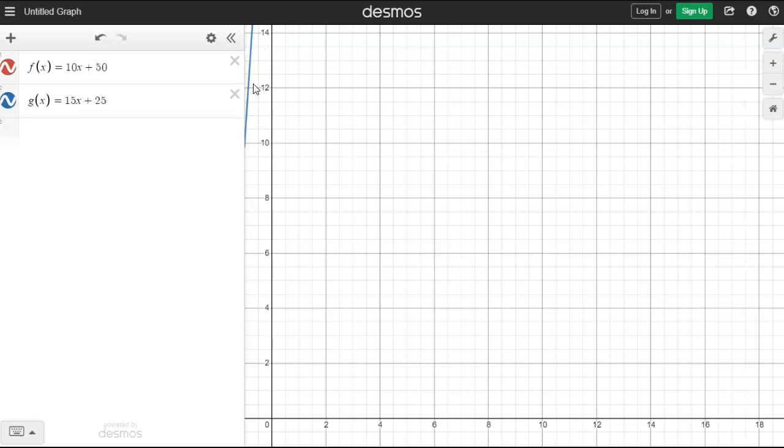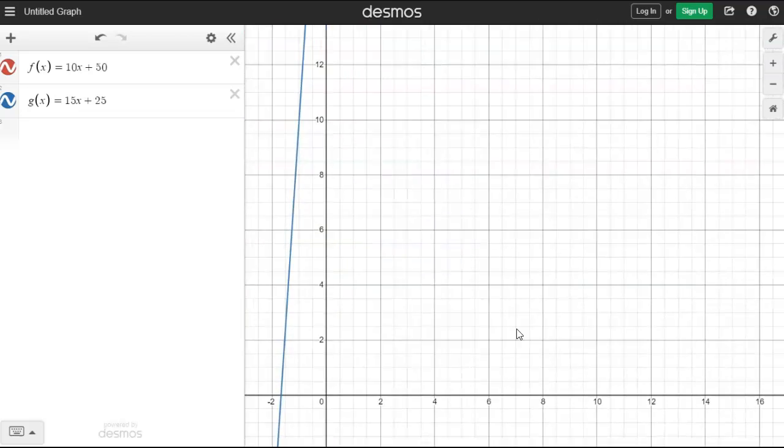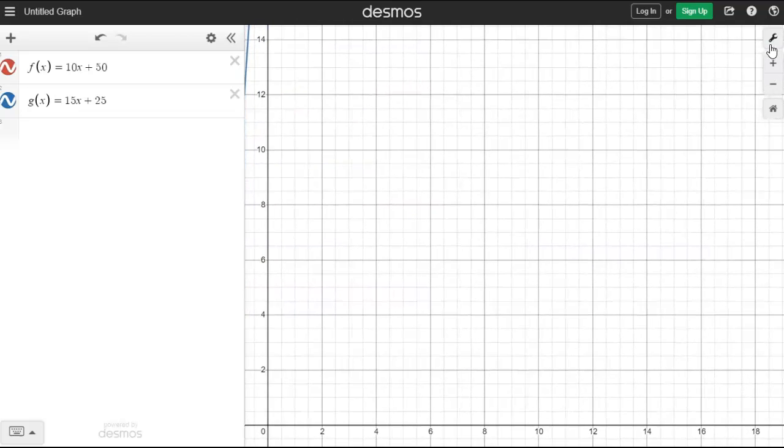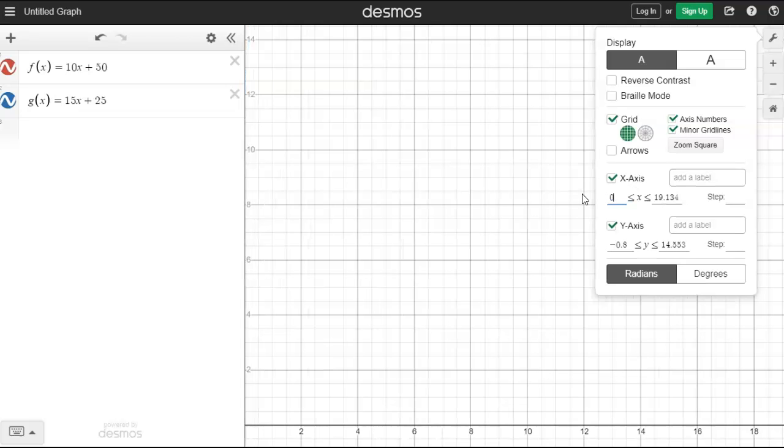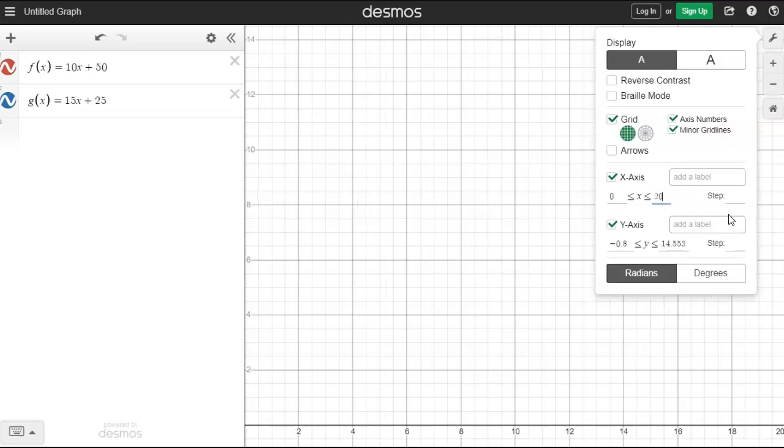And you can see we kind of need to adjust our axes to what makes sense for this graph. You can see it's way up here, it's kind of hard to see. So I'm going to adjust my axes using this little wrench. And I'm going to ask myself, how many windows make sense? How many do I want to look at? Well, it starts at 0 and goes up to maybe 20 windows.